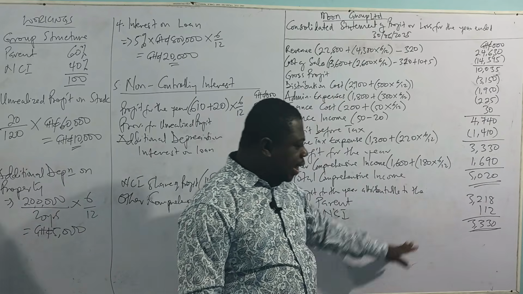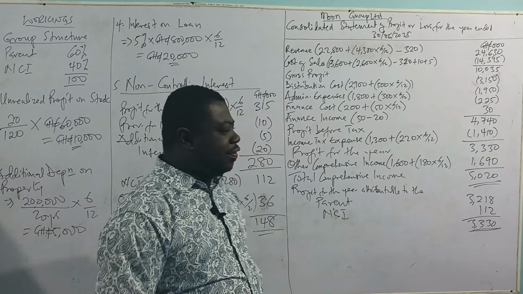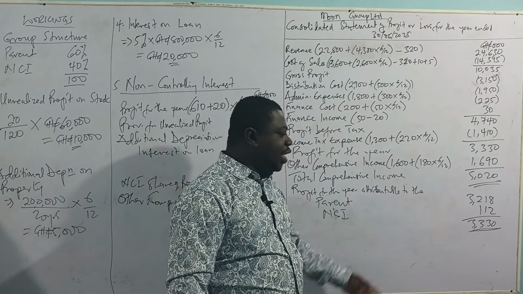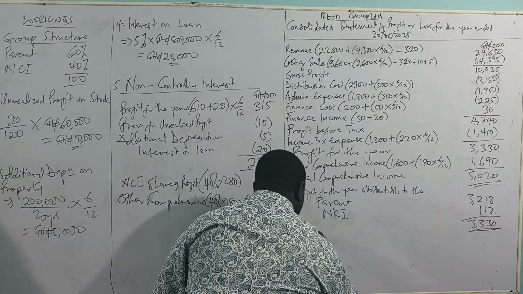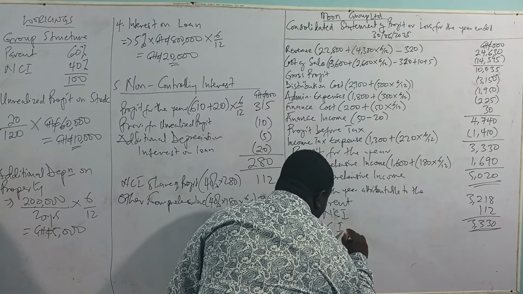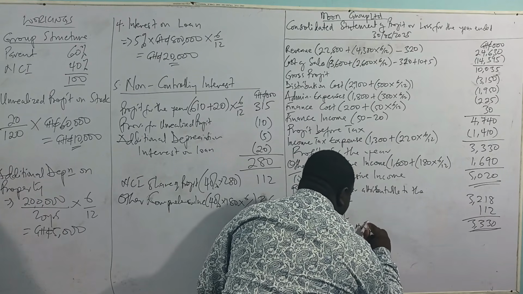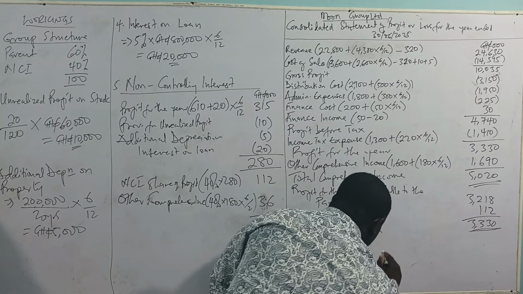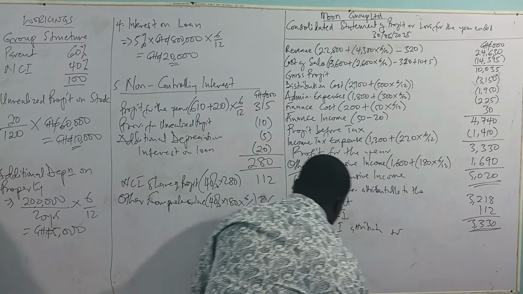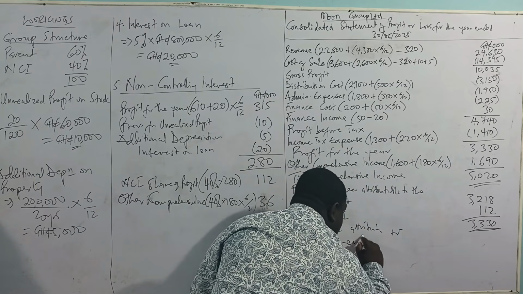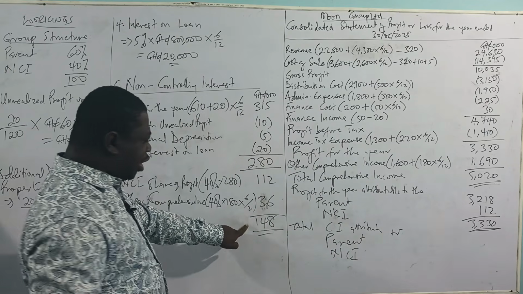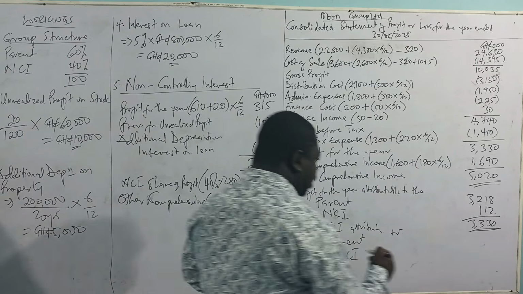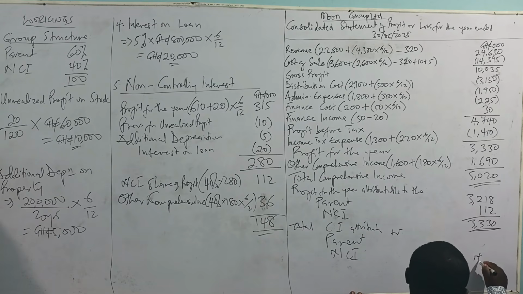Then we can do the same for the total comprehensive income attributable to the parent and NCI now as well. We'll say total comprehensive income attributable to parents and NCI. NCI has already been worked at 148. So we have 148 for NCI.